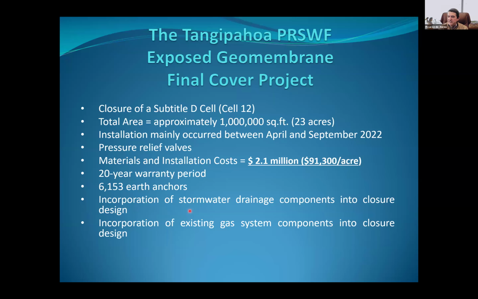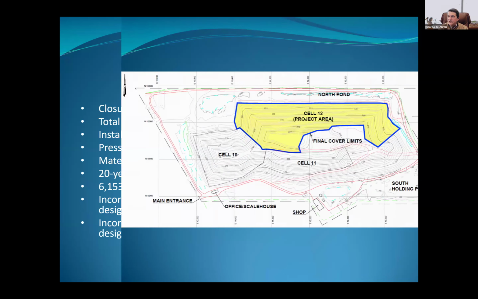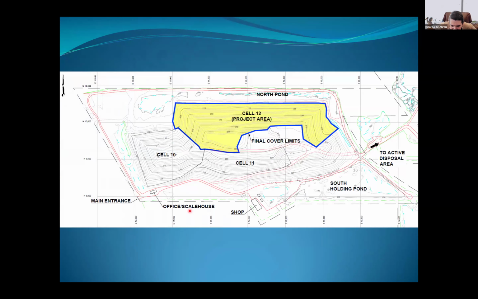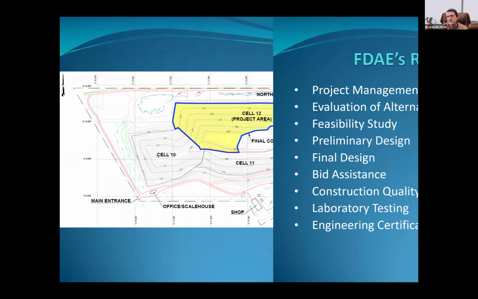Remember, we installed earth anchors, and you don't want to puncture the gas system that's underneath the surface. So this is the area that was closed with the exposed geomembrane. You have cells 10 and 11 that were previously closed with the closure turf, and cell 12 that's exposed geomembrane.